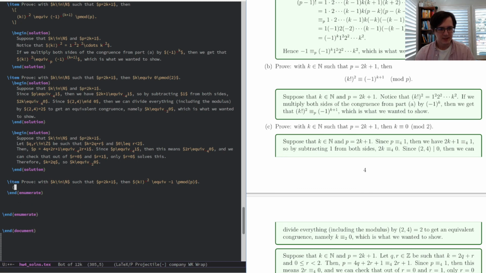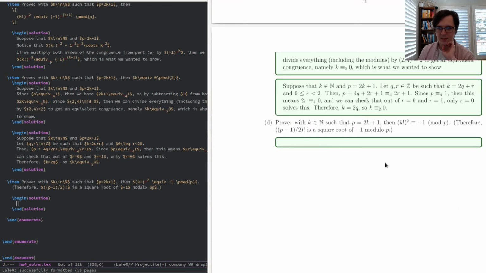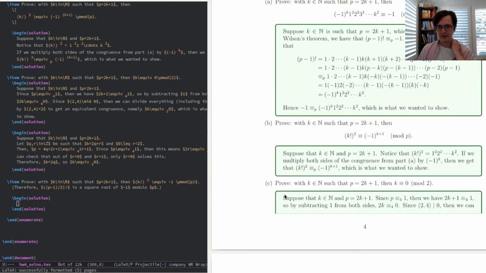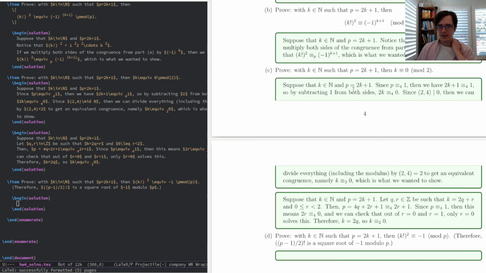And I'll put this conclusion here, because we don't need to prove that, that's just what k is. K equals p minus 1 over 2. Okay, so I lost track of what we're doing. Oh right.